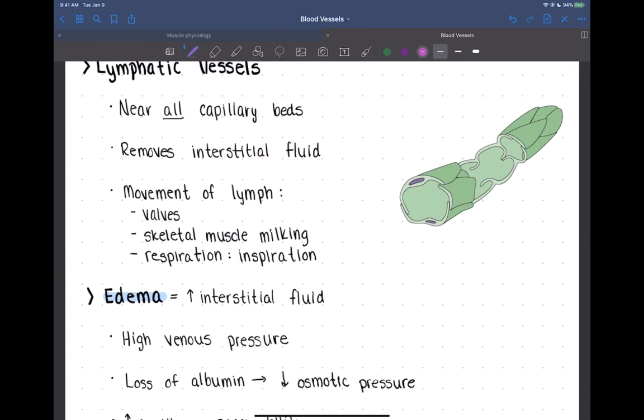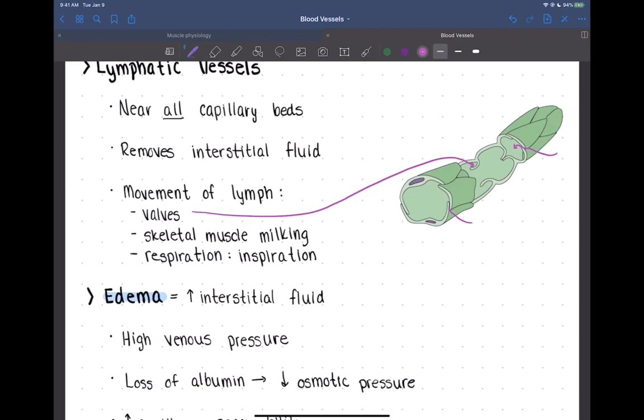Okay, so movement of lymph. So lymph is that fluid that they're collecting, that interstitial fluid. And so that lymph is going to move through these vessels, and these vessels have valves, right? So they have these little valves, just like veins, that are going to keep that lymph from moving backwards. So that interstitial fluid will actually kind of squeeze through the squamous cells, because with lymph vessels, they're kind of overlapping like this.